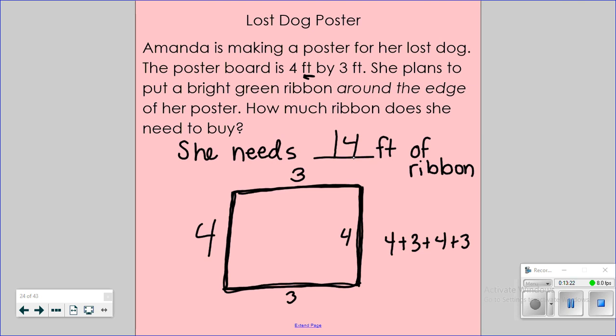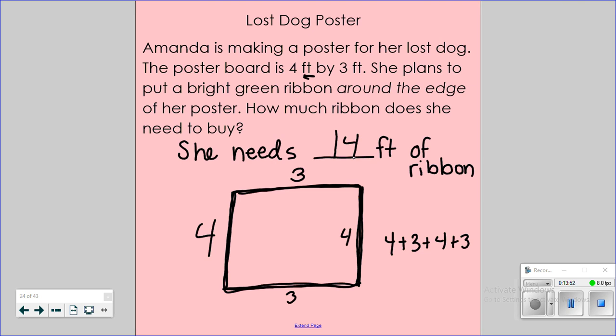Which means I'm going to be multiplying, Gavin, 3 times 4. What is that going to give me? Harmon? 12 units squared.